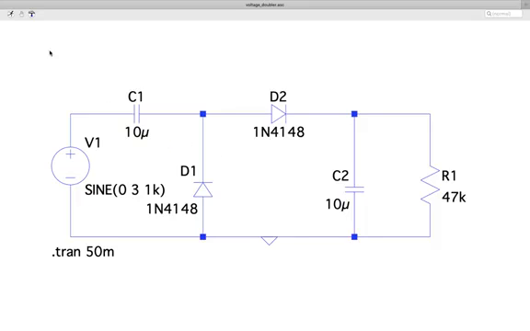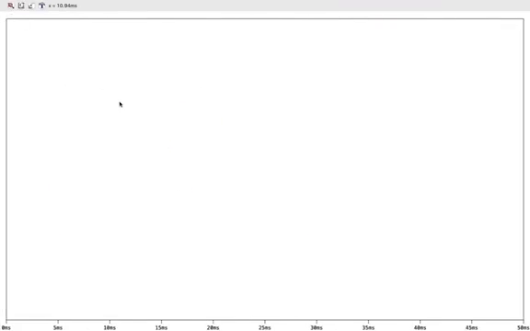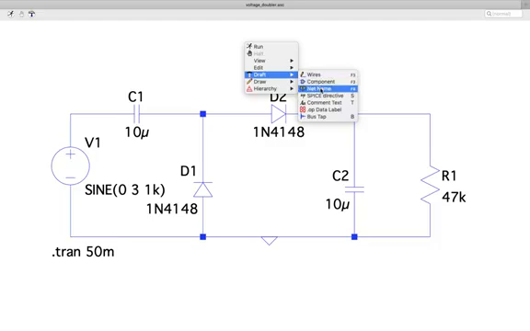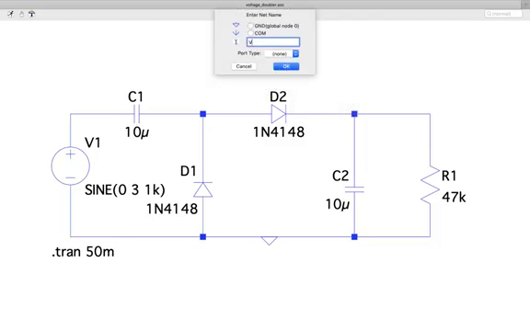So now if I do the simulation, and I want to see the waveform at the input and the waveform at the output, let's name the nodes before we plot it. Net name V in.